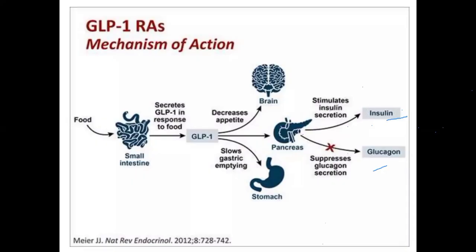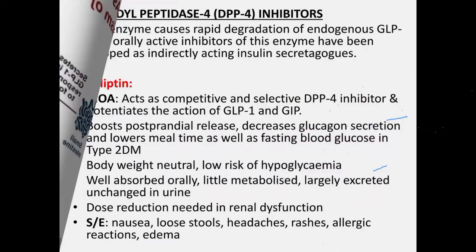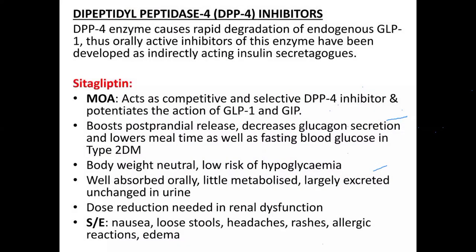Then the next class is dipeptidyl peptidase 4, that is DPP4 inhibitors. This is all about the anti-diabetic drugs. The next class of anti-diabetic drug is DPP4, dipeptidyl peptidase 4 inhibitors. What does that mean?